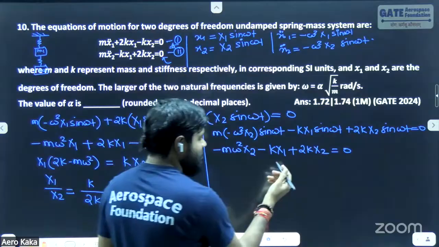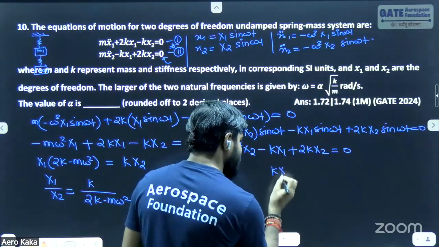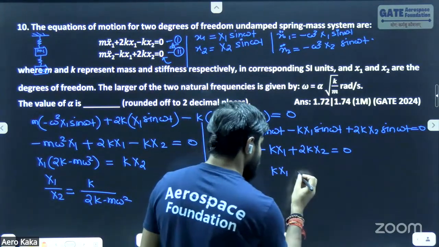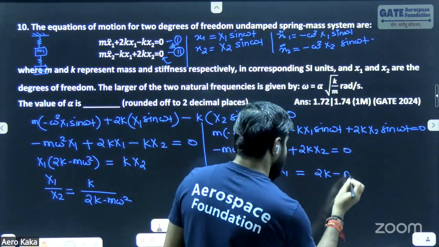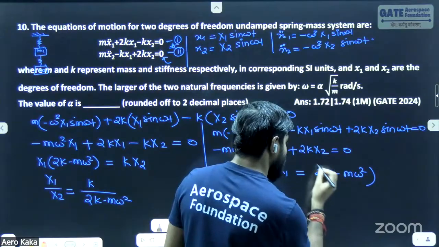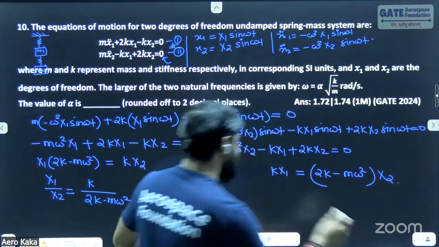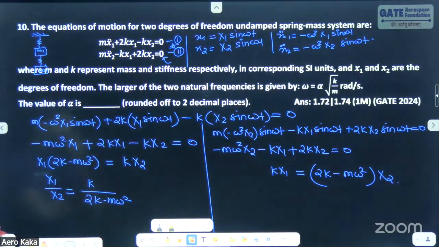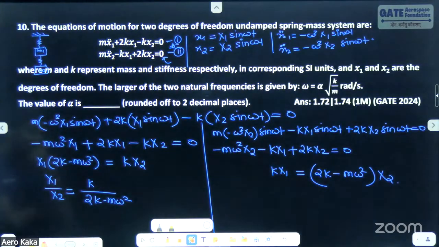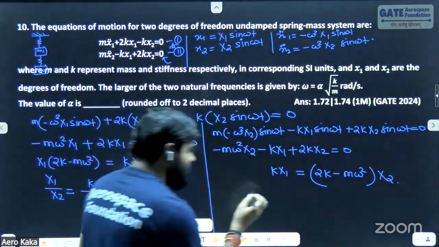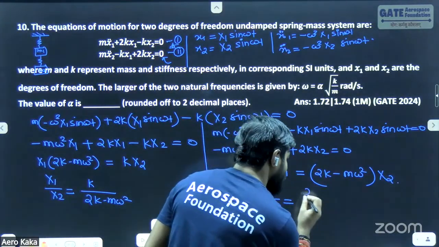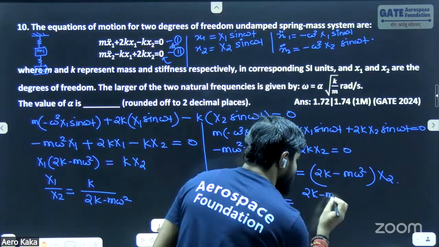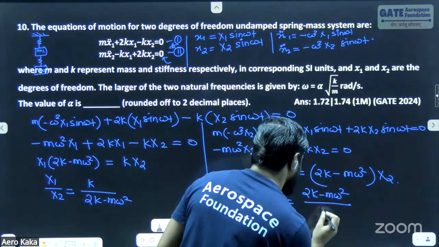So I can write kx1 is equal to 2k minus m omega square times x2. Could you verify this, please? So I'm getting x1 upon x2 is nothing but 2k minus m omega square divided by k only.